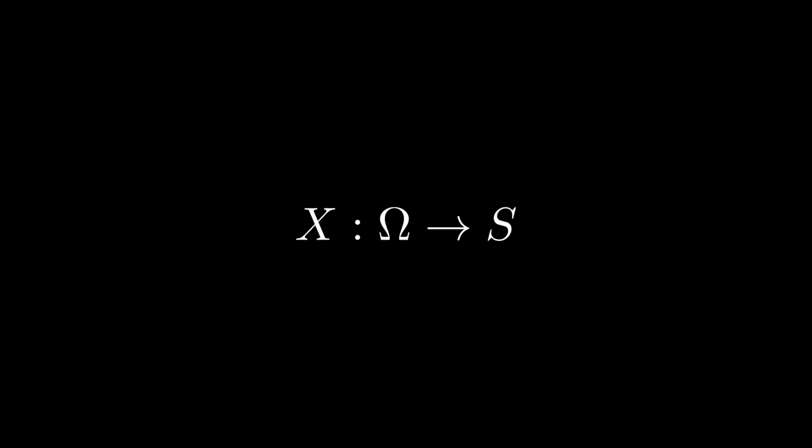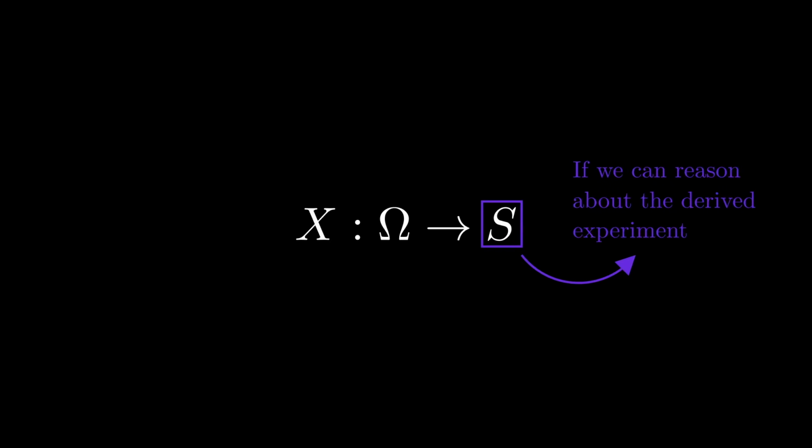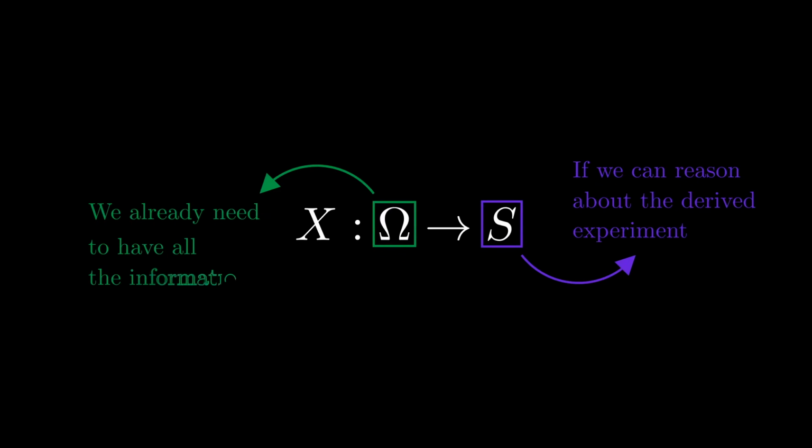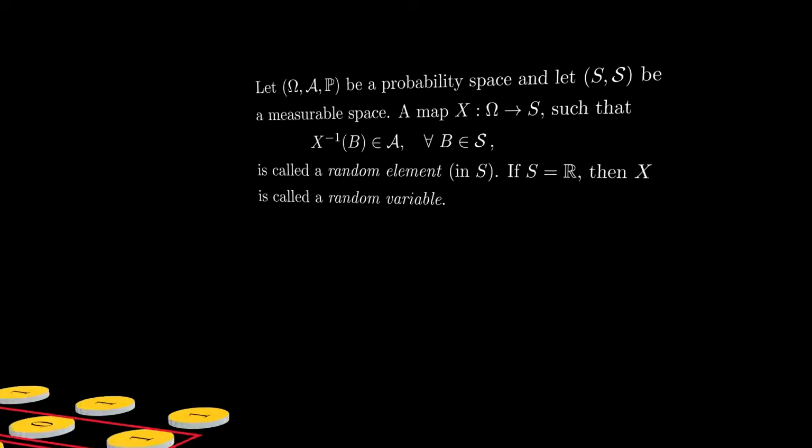This is actually a bit subtle, but through this we create a kind of logical backwards compatibility. If we recall from the previous video that intuitively sigma algebras are the collection of sets about which we can logically reason, then this means that if we can logically reason about the outcome of a derived experiment, we already need to be able to logically reason about the corresponding original experiment.